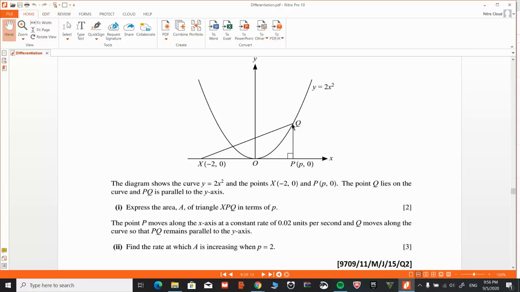Now notice that this point q is part of this equation y equals to 2x square, and we know that a point and this point have the same x coordinate p, দেখতেছো একদম হুবহু উপরে নিচে, they share the same x coordinate, একটা আরেকটার উপরে. So with the help of this equation I can figure out that the y coordinate of this point q is 2 into the x coordinate square, which is 2 into the p square, so 2p square.